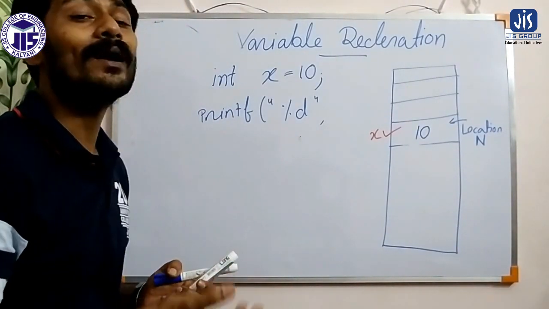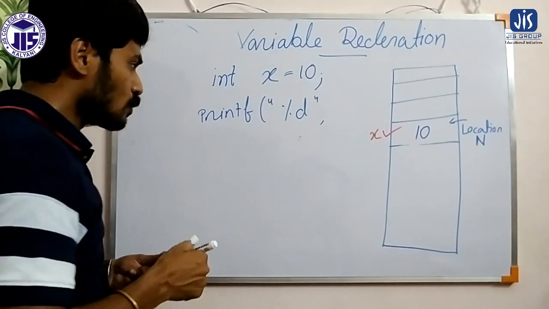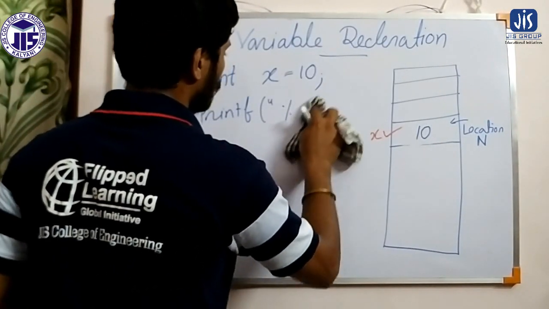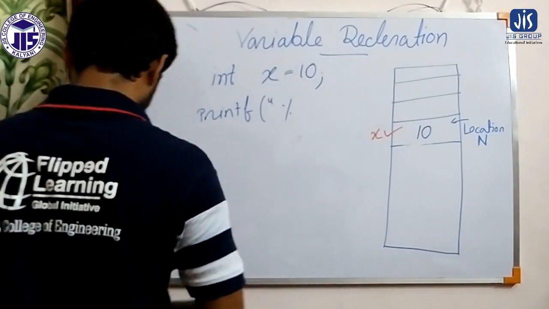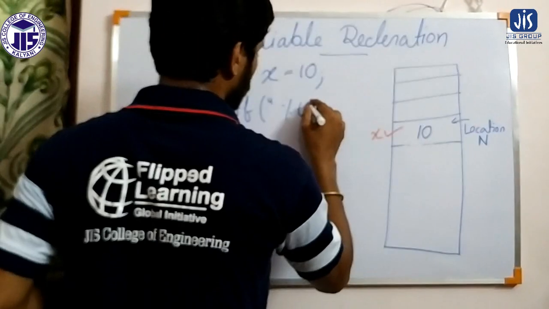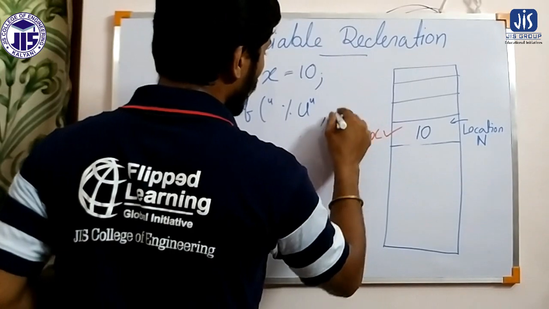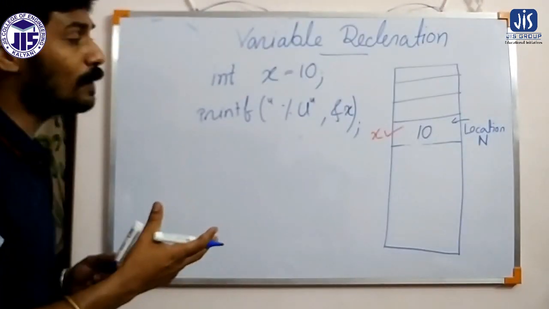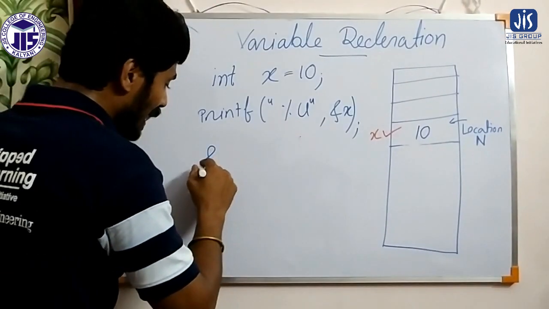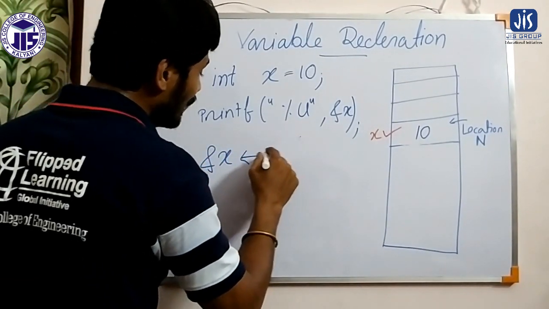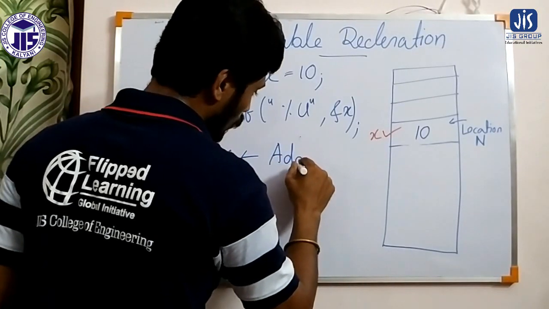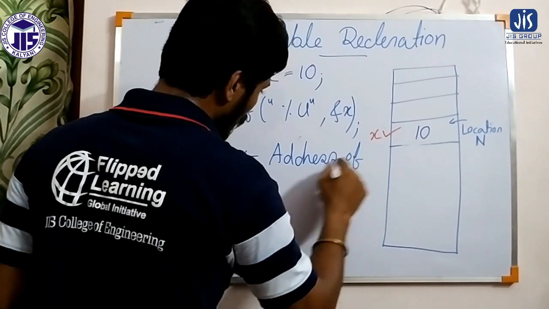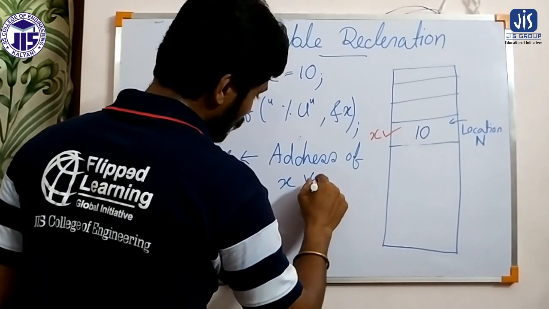Now if I want to know the location of the x variable, if you print the value of &x, this &x is representing the address, or the location, whatever you say, of the x variable.